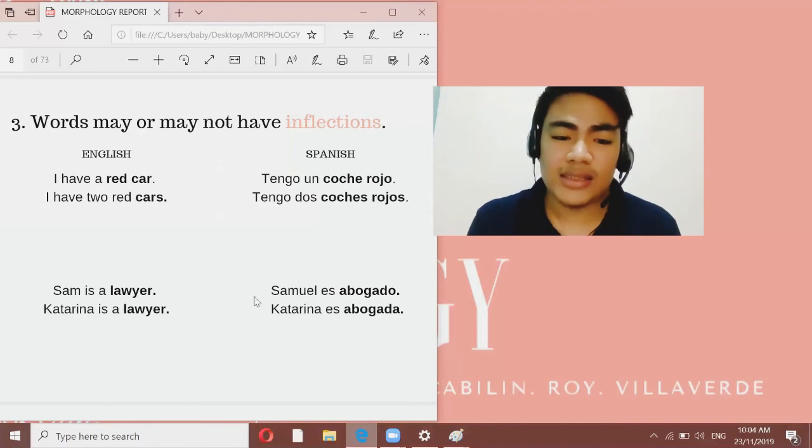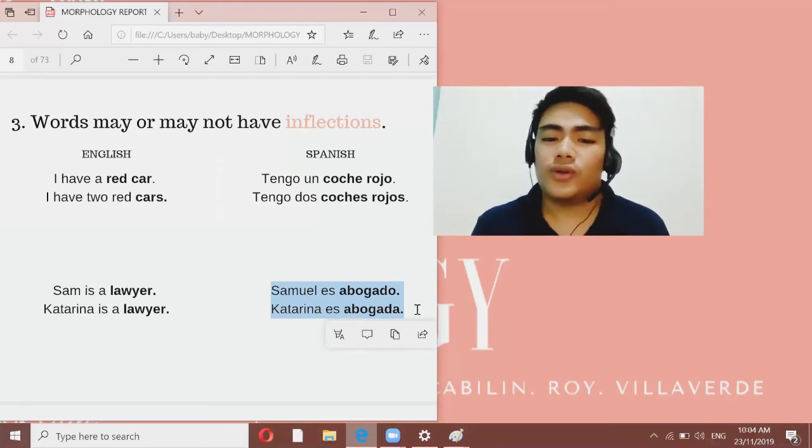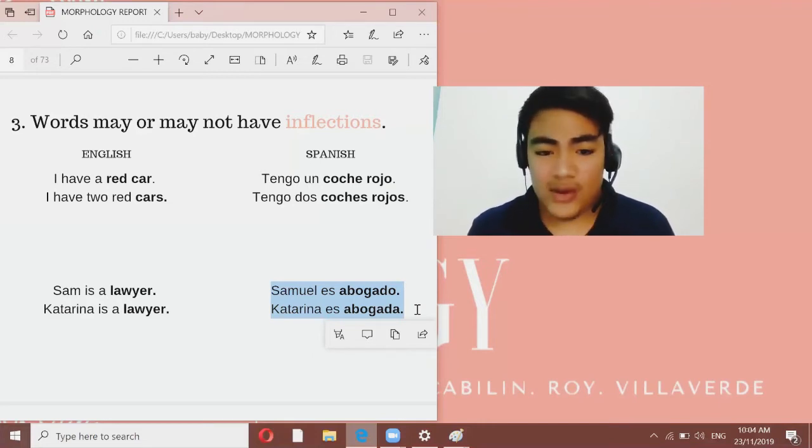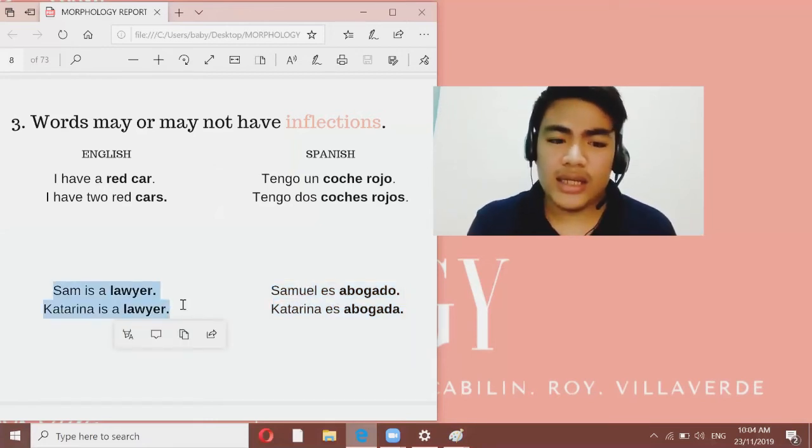I think this is something that the Filipino language borrowed from the Spanish language, because we also have gendered nouns in Filipino. I guess there are also words in English that are gendered.